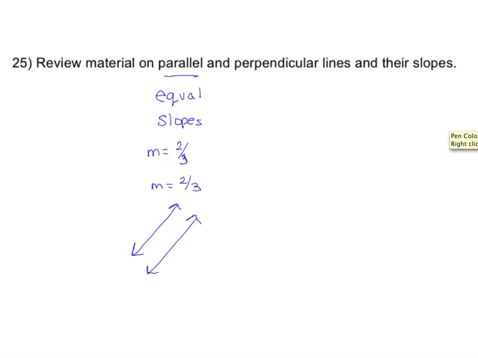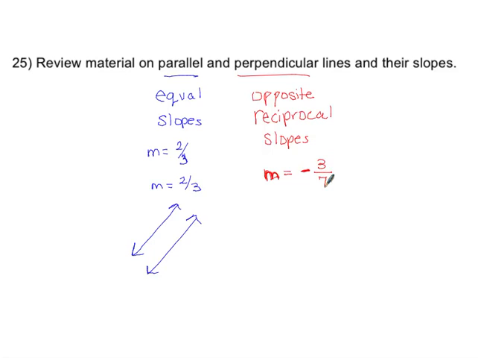Perpendicular lines. Perpendicular lines have to have opposite reciprocal slopes. So if the slope is -3/7, the perpendicular slope has to be the opposite sign.